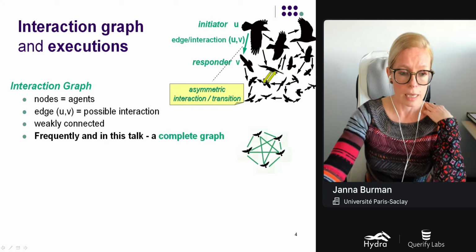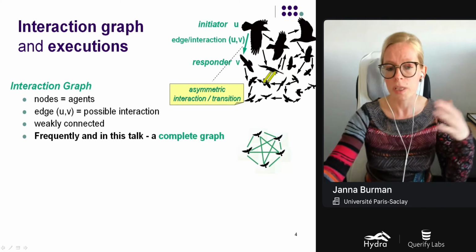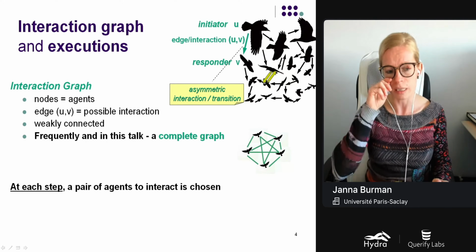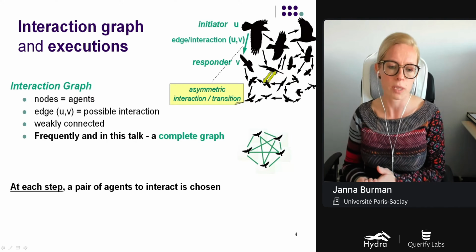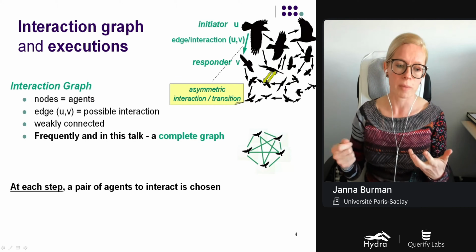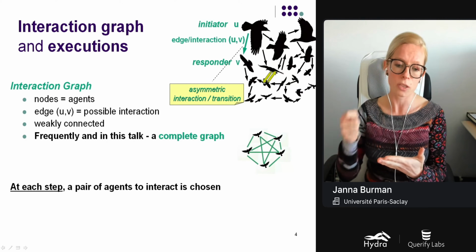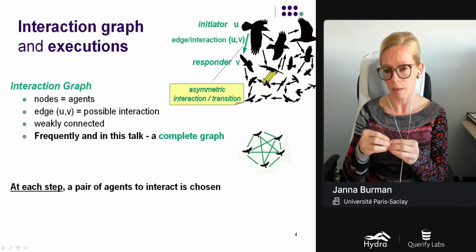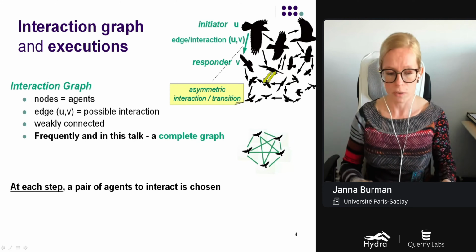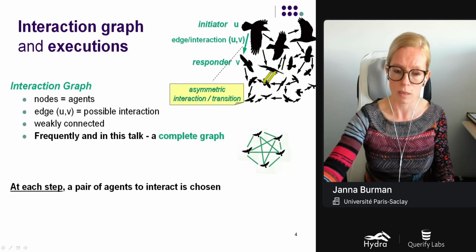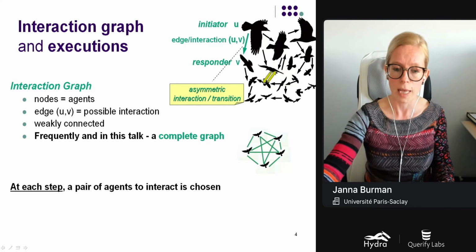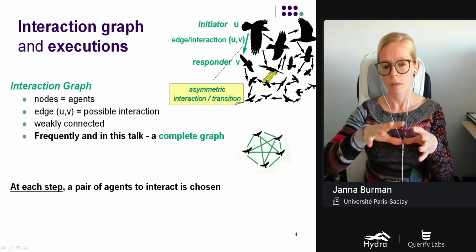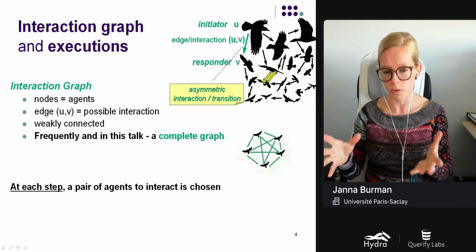Okay, and now how the execution proceeds in such a system, how we model it, how we see it. So in fact, we imagine that there are steps, and at each step, a pair of agents is chosen to interact, to perform a transition according to the protocol, and the whole system after this transition moves to a new configuration.